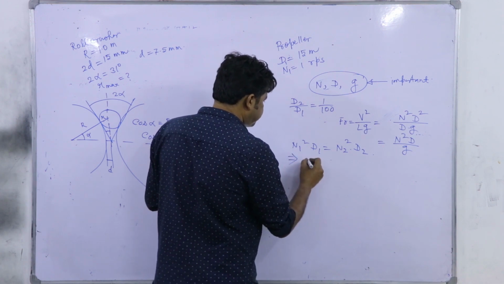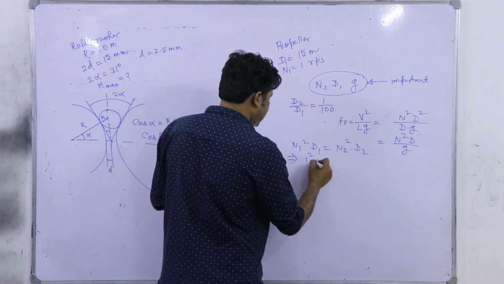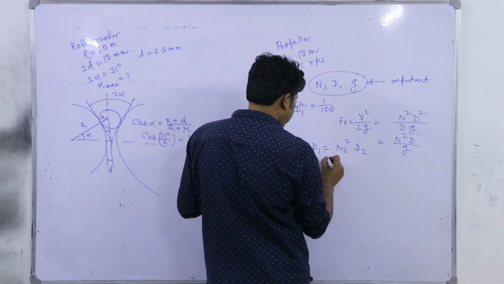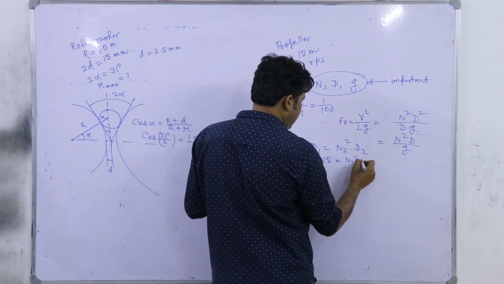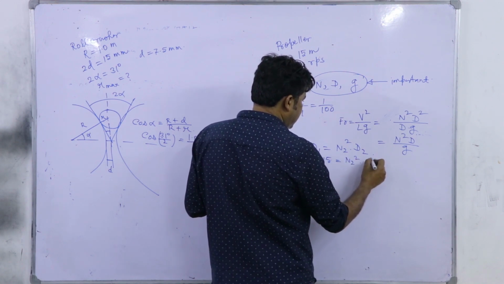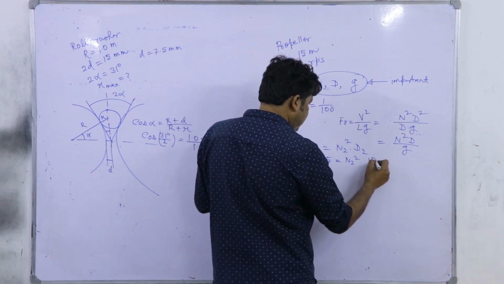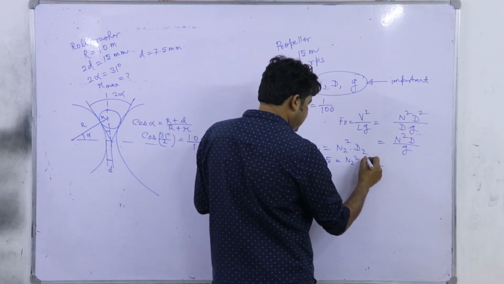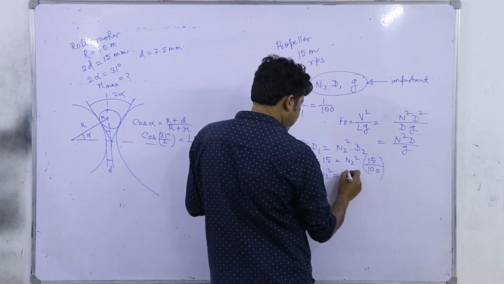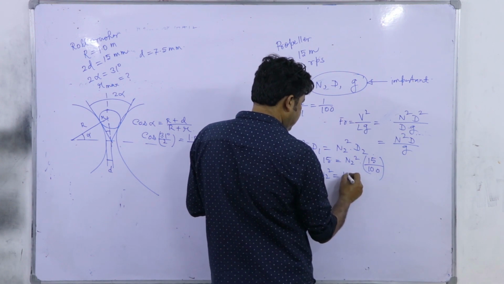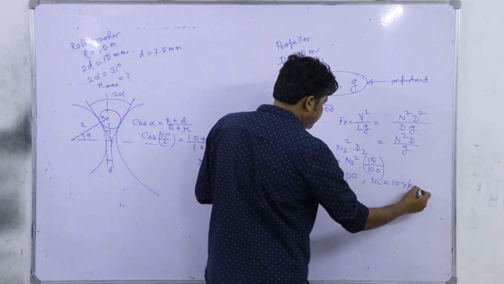So, n1 is 1 square, d1 is 15 meter, n2 square we have to calculate, and d2 is this 15 divided by 100, right. So, n2 square is 100, so n2 is equal to 10 rps.